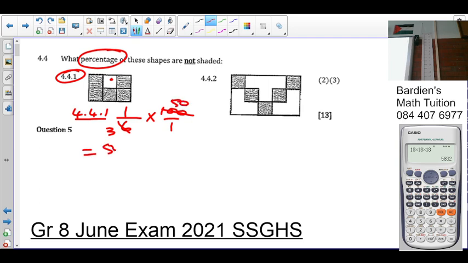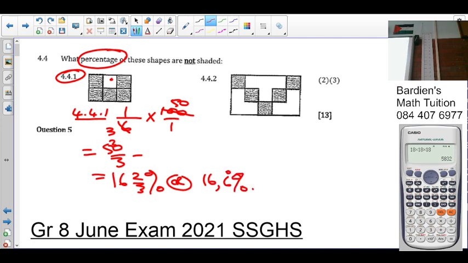So that's going to be 50 over 3. Which is equal to 3 goes into 50, 16 times, carry 2, 16 and 2/3 of a percent. Or you can write it as decimal. That's going to give you 16,6 recurring percent. Both is acceptable, unless the question says your answer must be in decimal.